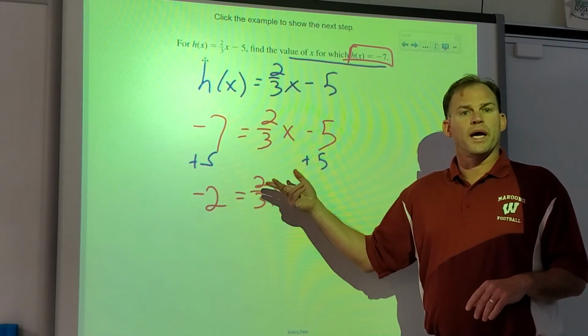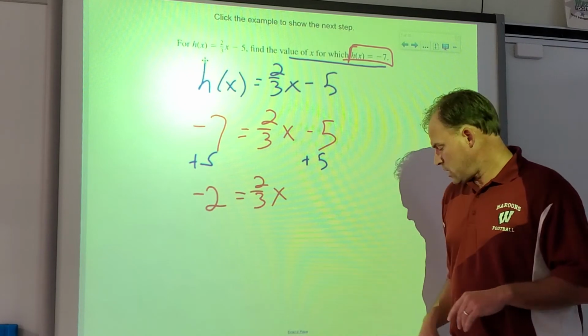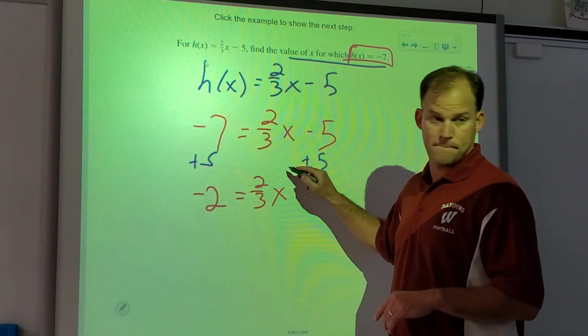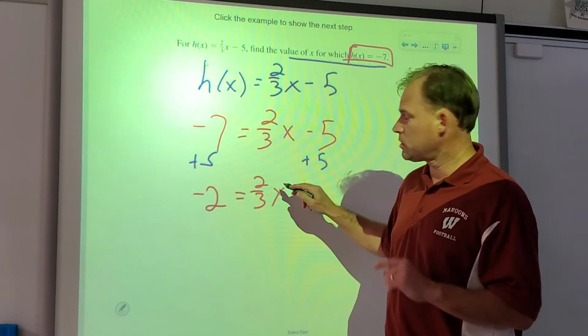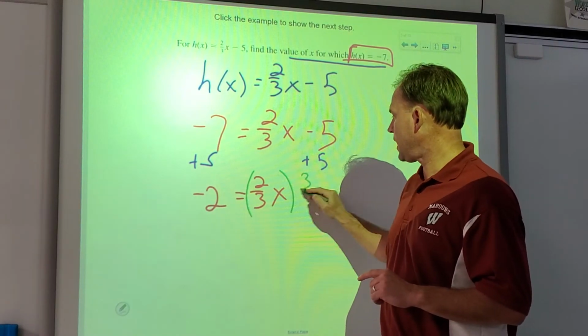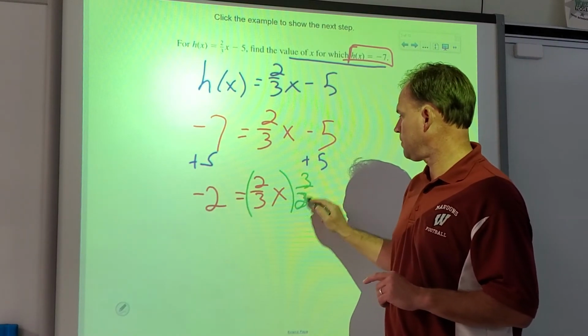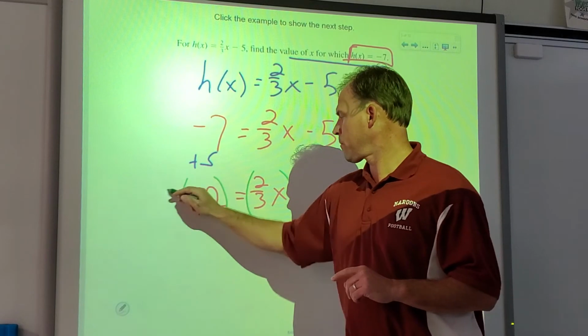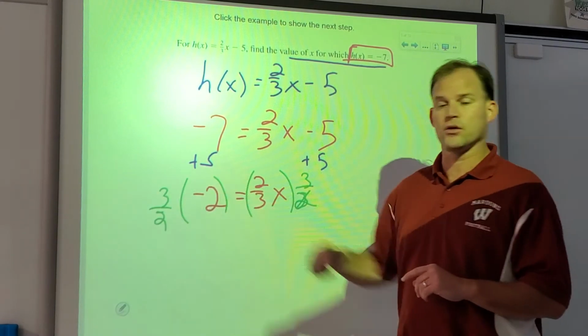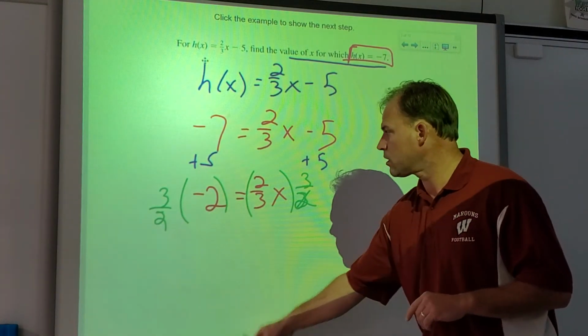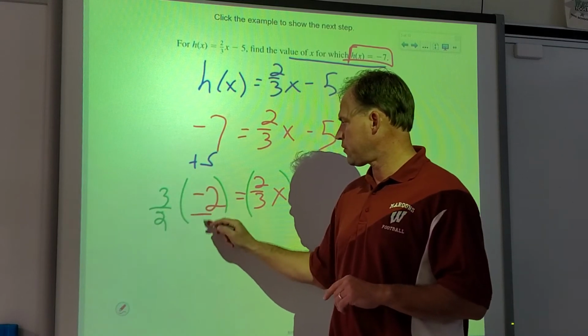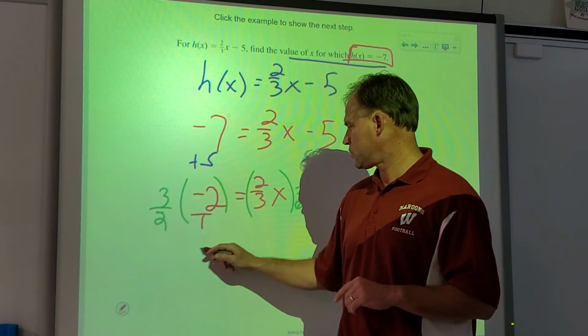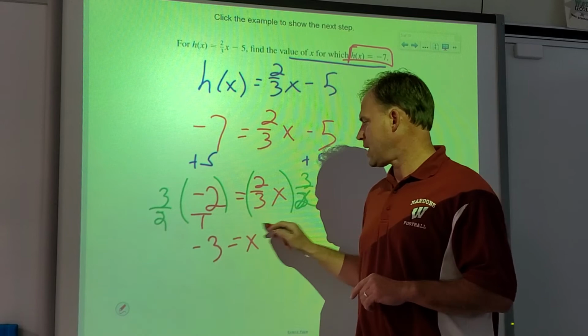What's the best way to deal with fractions? Multiply by the reciprocal. Calculators coming in handy for most of you here. Some of you know how to multiply your fractions very well. -6/2, -3 equals x.